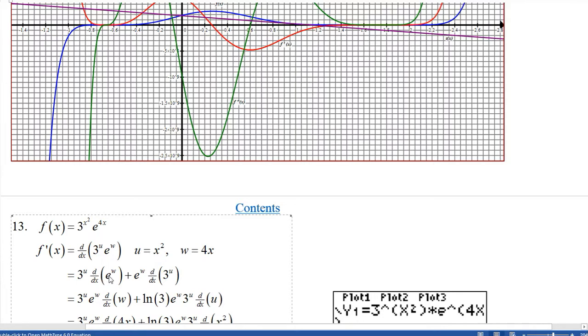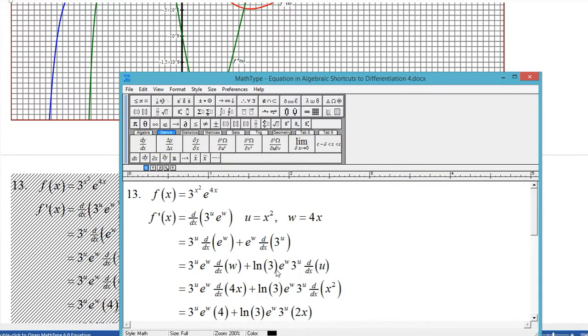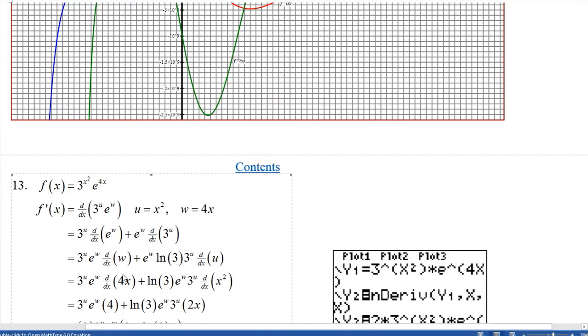Now, the derivative with respect to x of e to the w is e to the w times the derivative of the w. The derivative of 3 to the u, remember, is natural log of 3 times 3 to the u times the derivative of the u. This might be a little bit easier to see if I go ahead and write this there, which is where it sort of naturally occurs.